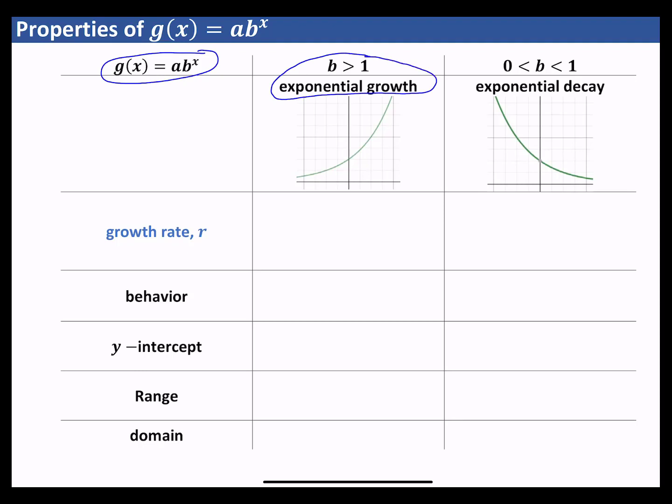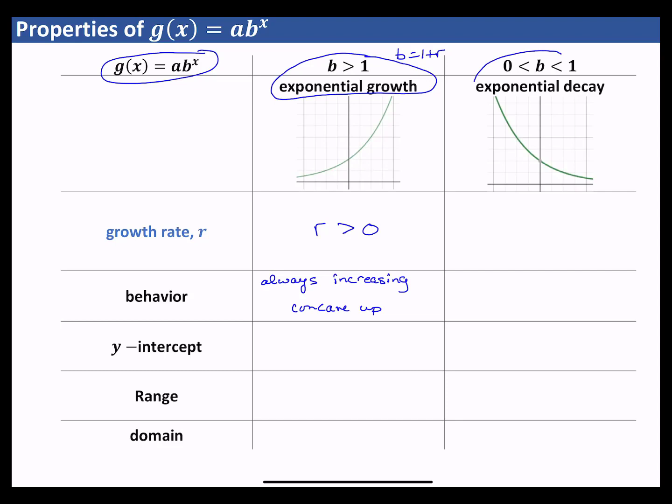We also saw that the growth factor b equals 1 plus the growth rate r. So when r is positive, the growth factor will be greater than 1. When the growth factor b is greater than 1 and there is exponential growth, the graph will always be increasing and concave up.